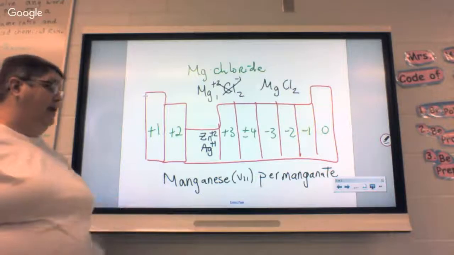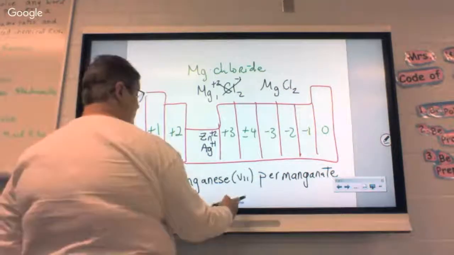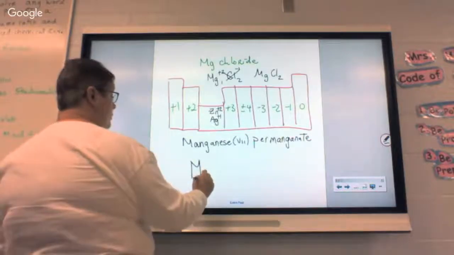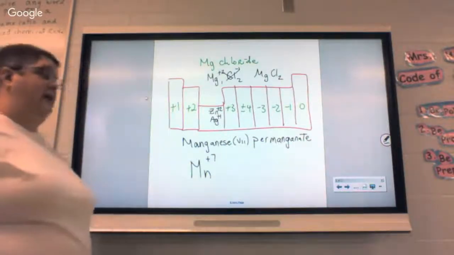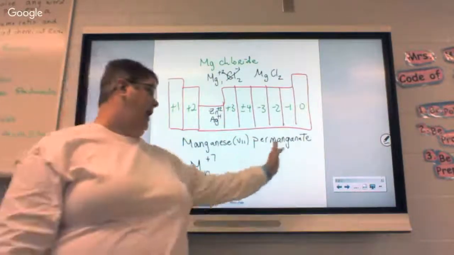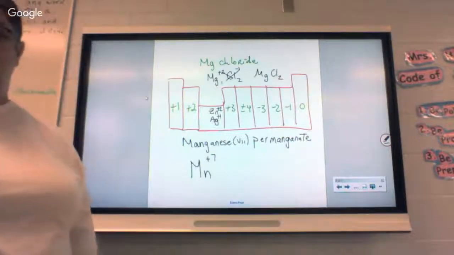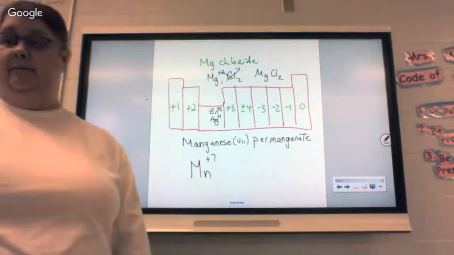Manganese is what symbol? Mn. I'm telling you to use +7. And permanganate is not on the periodic table. Where's permanganate? It's at the end, so it's a polyatomic ion.